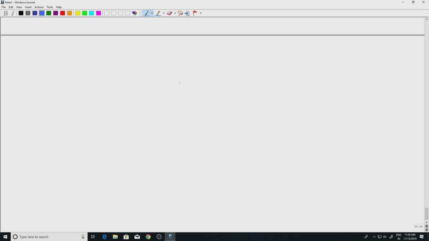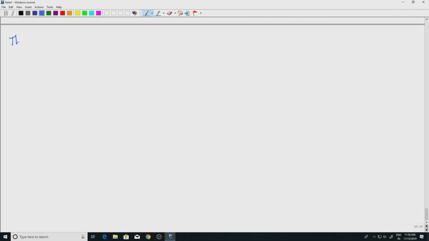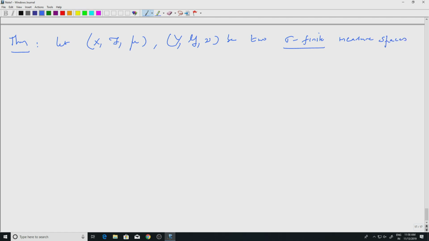Okay, let us write it on a new page. Theorem. Let (X, F, mu) and (Y, G, nu) be two sigma finite measure spaces. What does that mean?